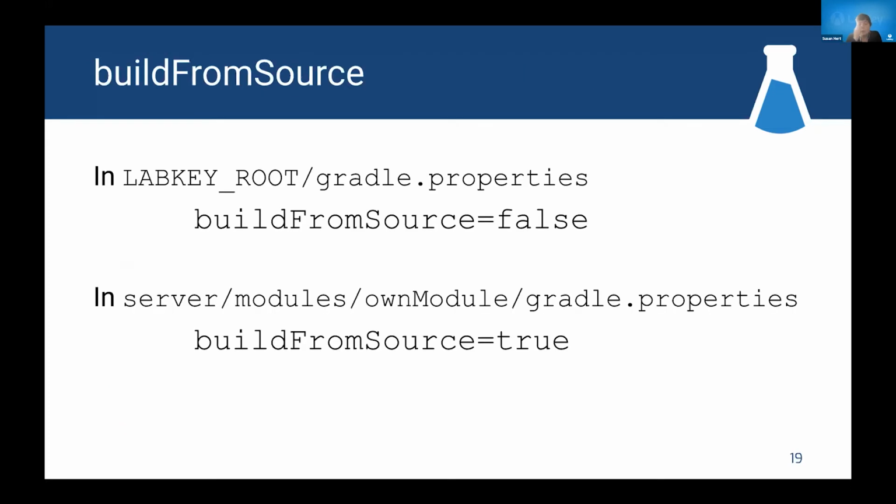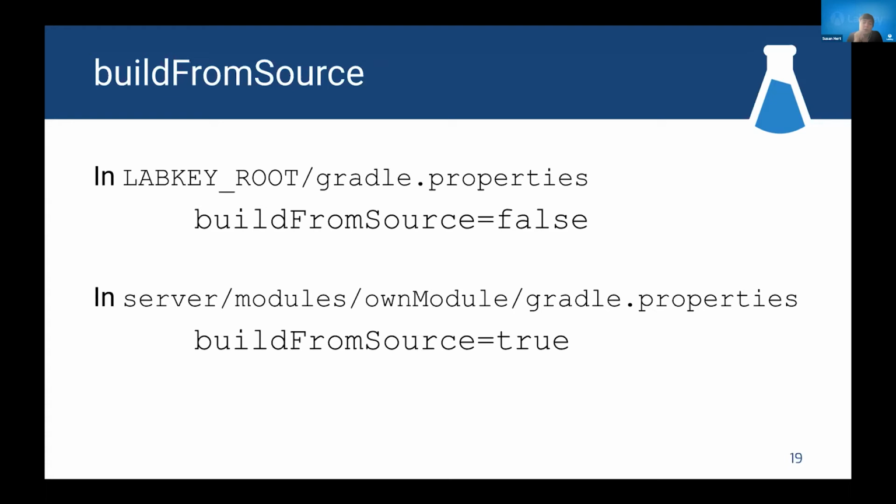But this is where the build from source property comes in. So our plugins, and in particular, the utility method that I'll show you in a little bit, called addLabKeyDependency, will look for this particular property and obey its setting for your Gradle project.